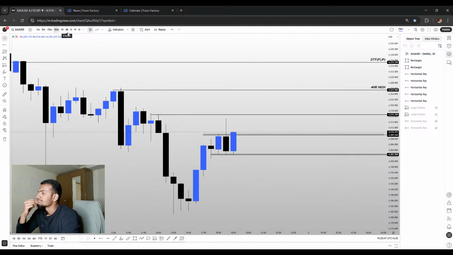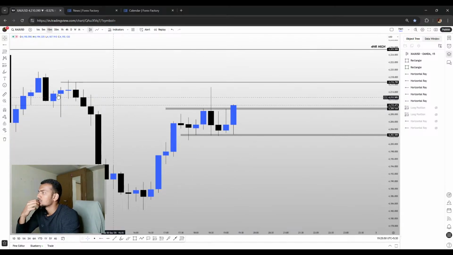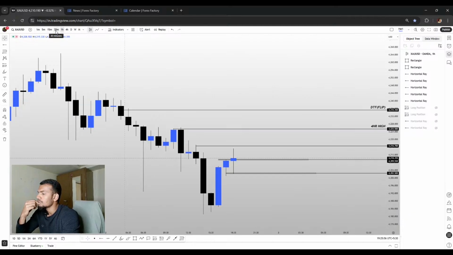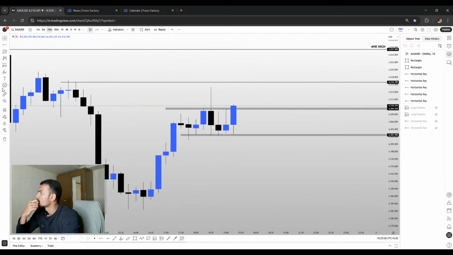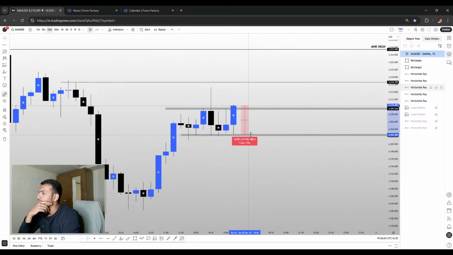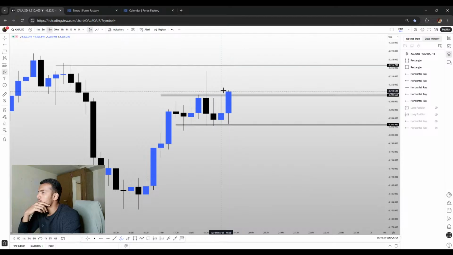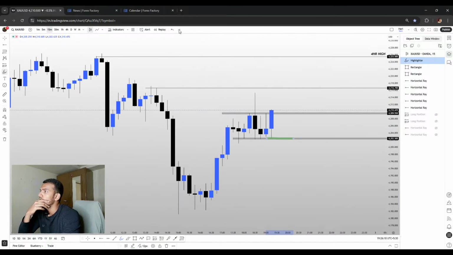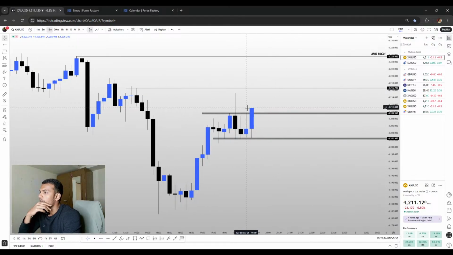Right now it's breaking the resistance zone over here. Let's see how this candle is going to close. I think this is a really good stop loss for a bullish move to be placed.